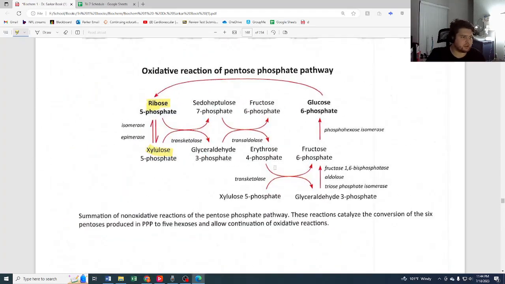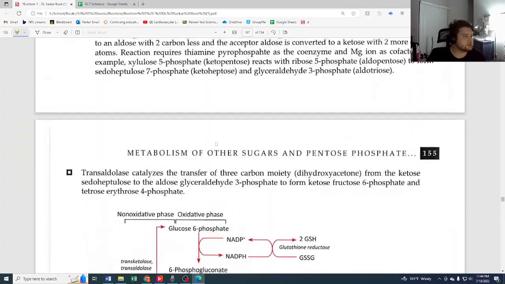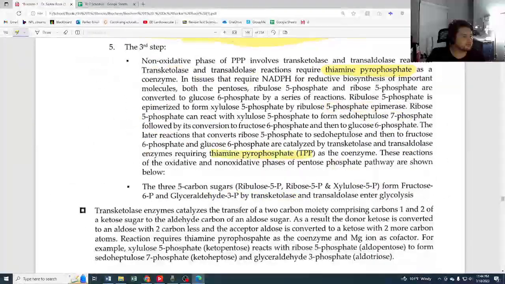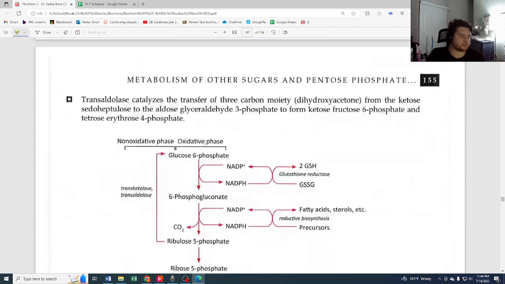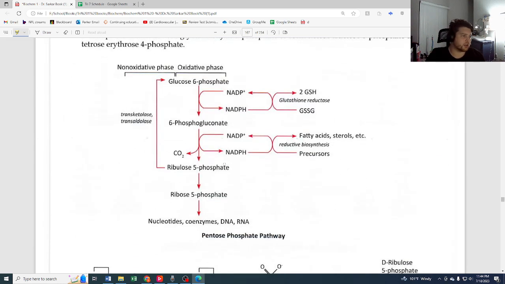We need TPP in order to do the transketolase and transaldolase enzymes, to have that reaction occurring.